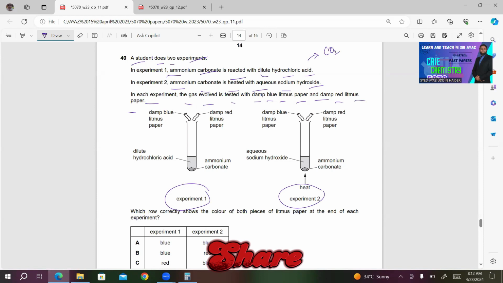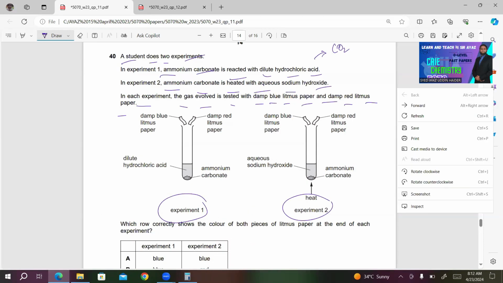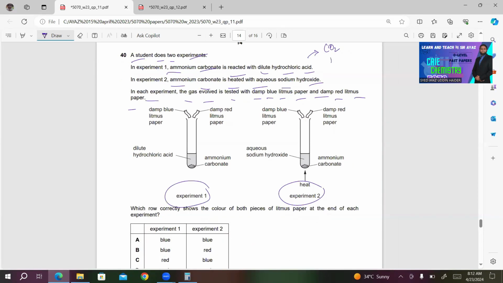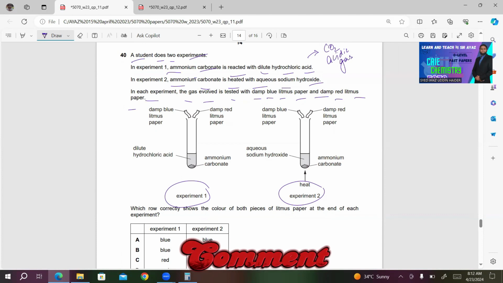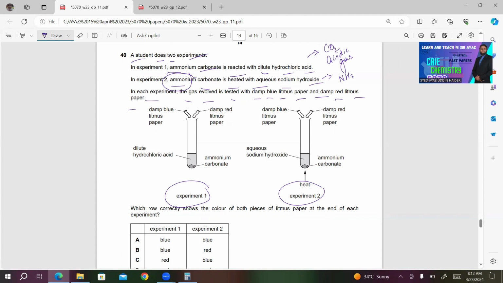So it's an acidic gas. In experiment 2, when ammonium carbonate is heated with aqueous sodium hydroxide, it contains the ammonium ion, so it will produce ammonia gas. It's a basic gas. When dissolved in water it produces alkali.